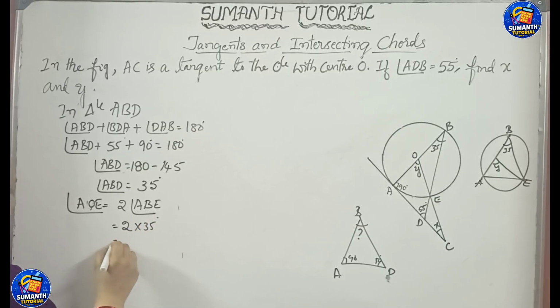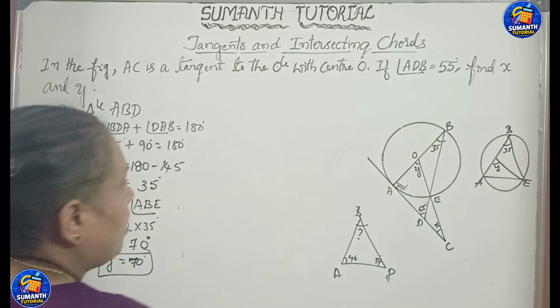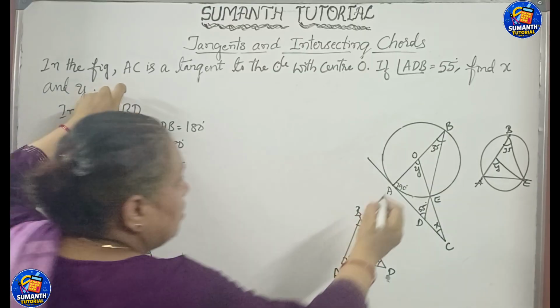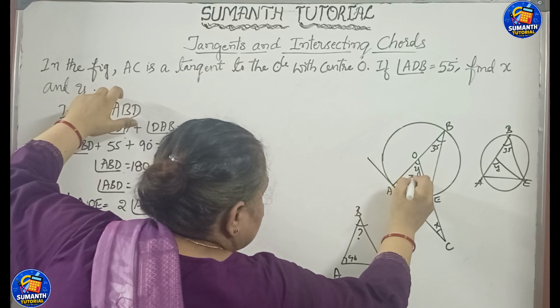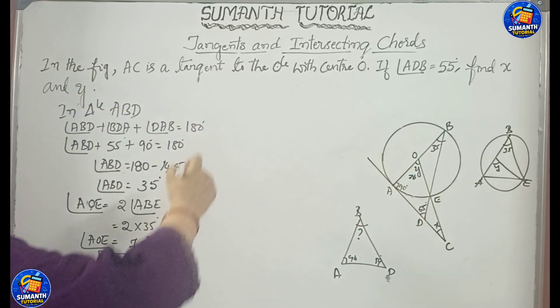What is 35 2 times? It is 70 degree. Angle AOE, nothing but y, is equal to 70 degree. So we now know the value of y as 70 degree. So now what to find? We have to find the value of x.